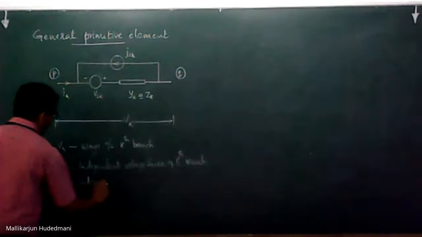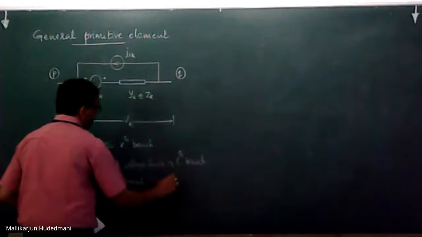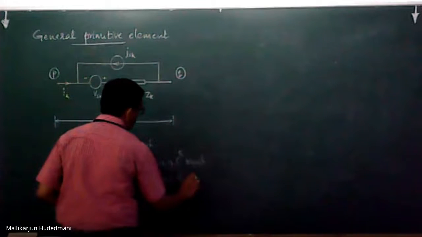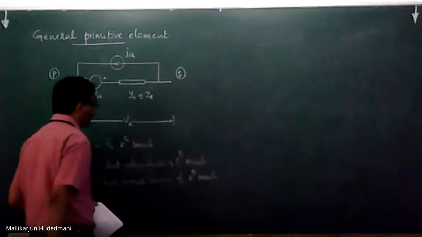Then I will write JSK, the independent current source across the kth branch. Let me write it and I'll turn back if you can note it down. JSK.